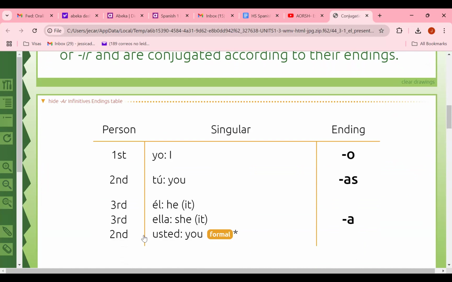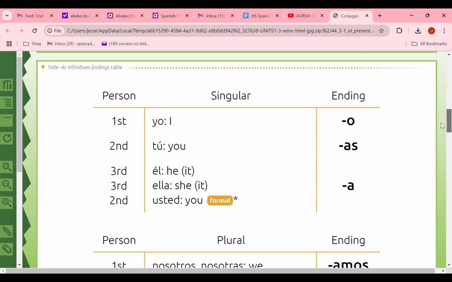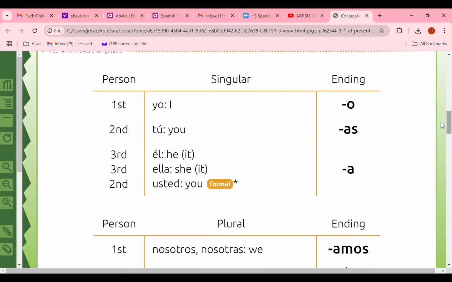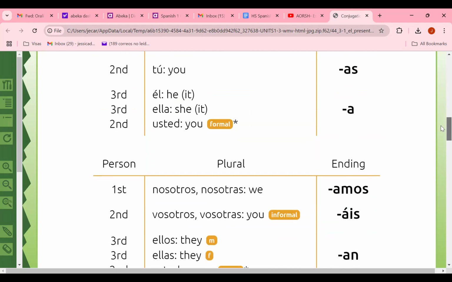Review those, okay? These are the pronouns in Spanish. Yo, tú, él, ella. Usted means tú in a formal way, but when you conjugate it's gonna have the same ending as él or ella, the same conjugation as the third person. That's why you see here that usted is listed as second person, because it means tú, you, but it's just in a formal setting that we use it.